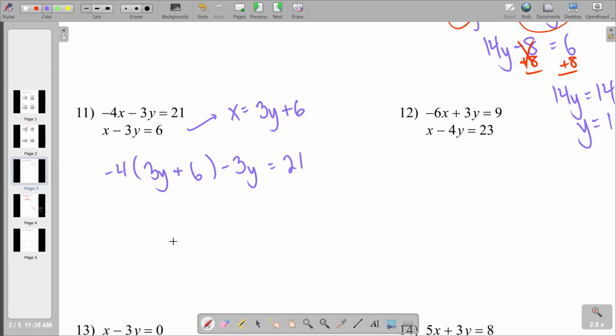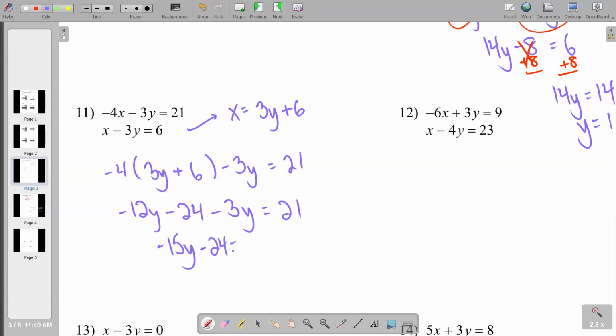Negative 12y minus 24. Good job. Minus 3y equals 21. Team Y. Bella, you doing okay?